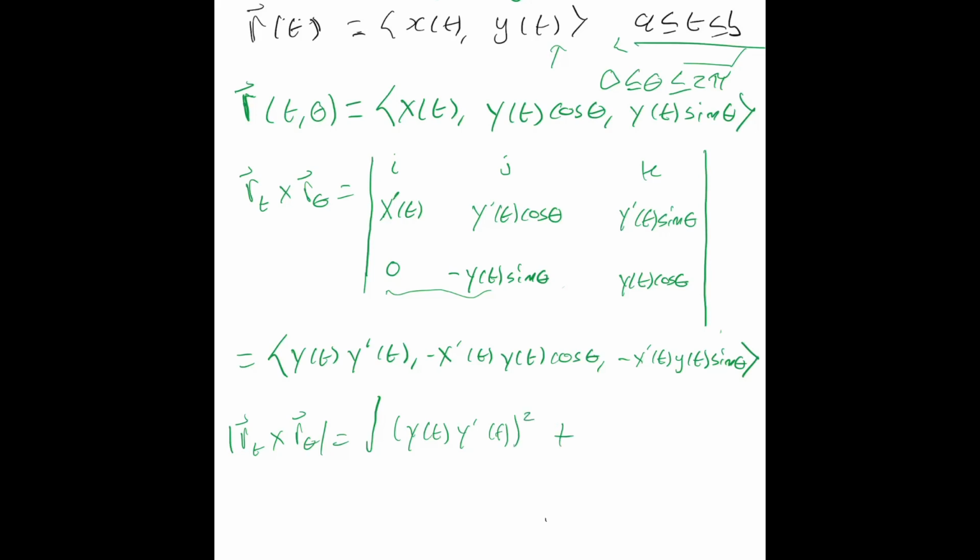In these two terms, it's x prime y cosine theta and x prime y sine theta, or negative those two terms. So when we square them and add them together, we're just going to end up with x prime of t, y of t squared.